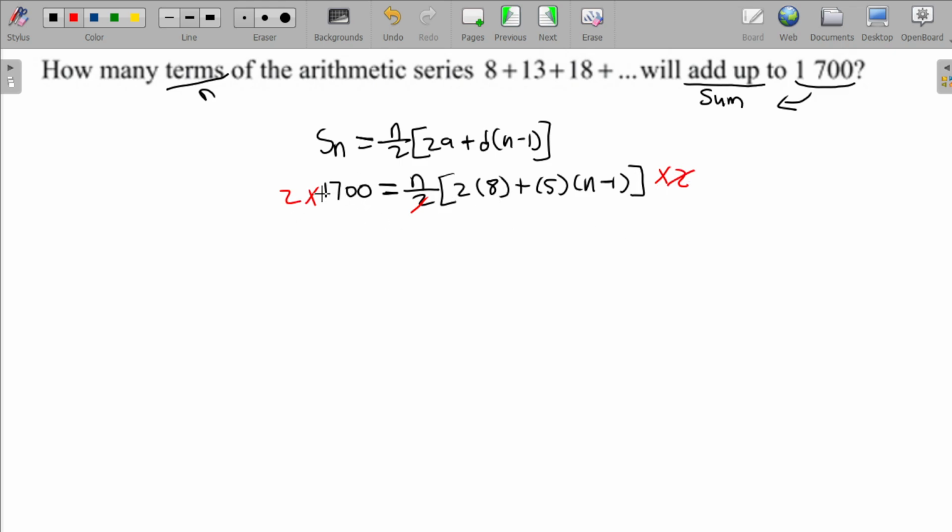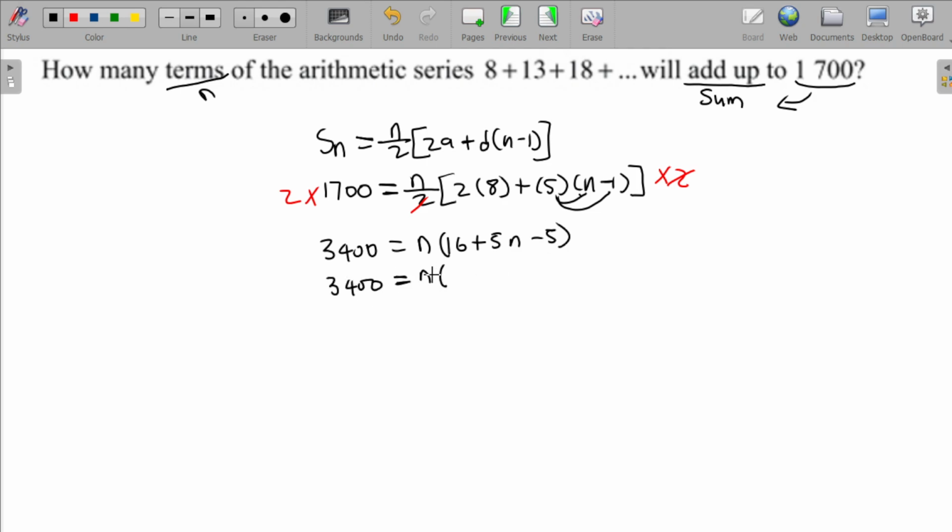And then you're going to have 2 times 1700, which gives us 3400 is equal to, and then the n comes back, because these 2 cancel that 2, and then we're going to have 2 times 8, which gives us 16, and then times this here. So it's going to give us 5n minus 5, and 3,400.